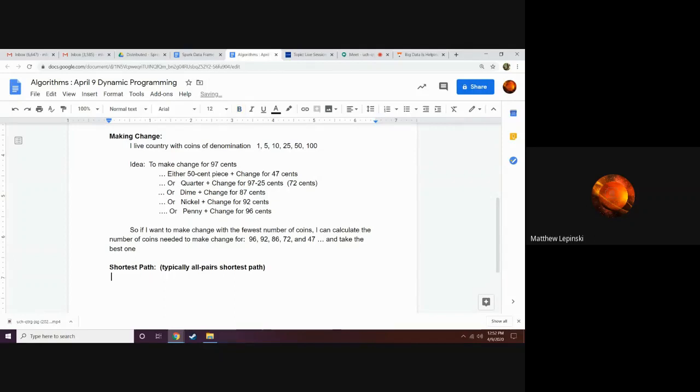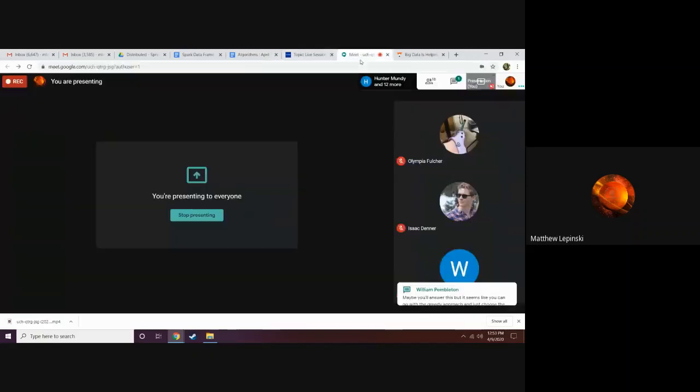We talked briefly about all pairs shortest path, but I want to go from A to B, say A to Z, using any vertices as intermediate points. Okay, question? Yes.